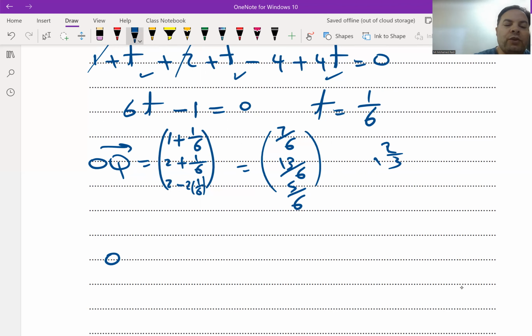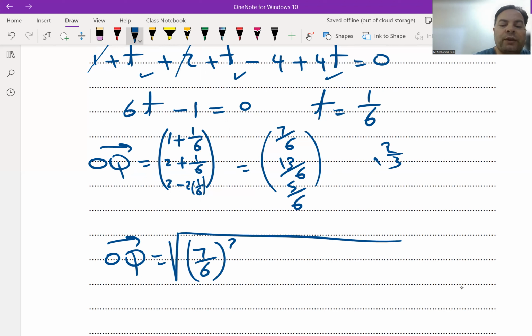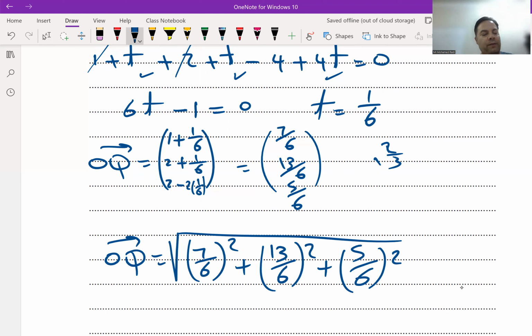So the magnitude of this vector is the square root of 7 over 6 all squared, plus 13 over 6 all squared, plus 5 over 6 all squared.